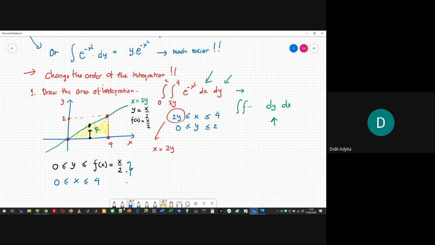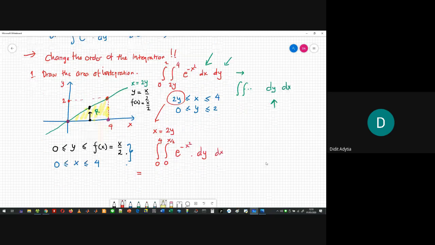Now let's calculate it. We have e to the power of minus x squared dy, where y is from 0 until x over 2, and then dx is from 0 until 4. Let's see if we can solve this integral.